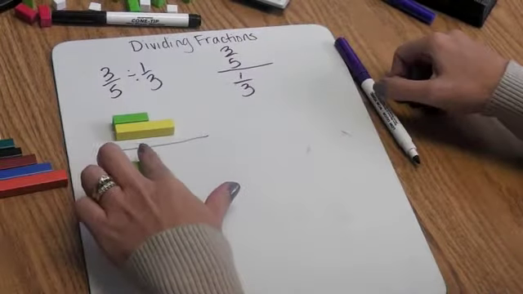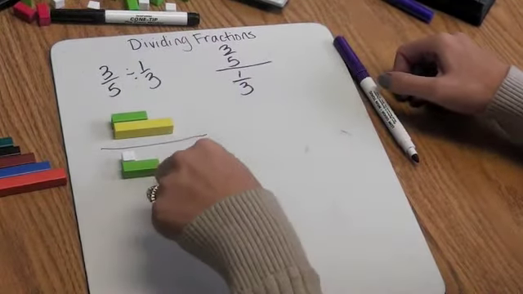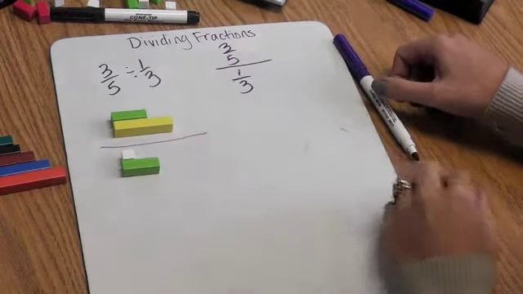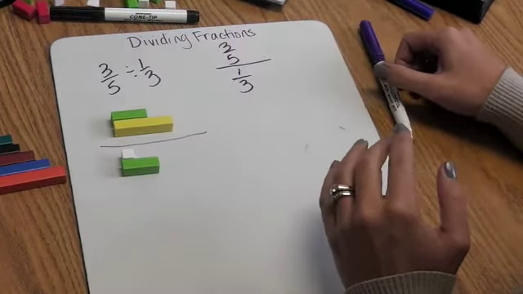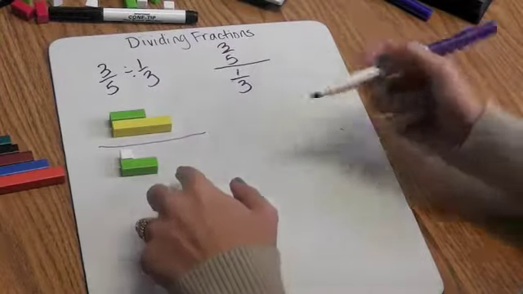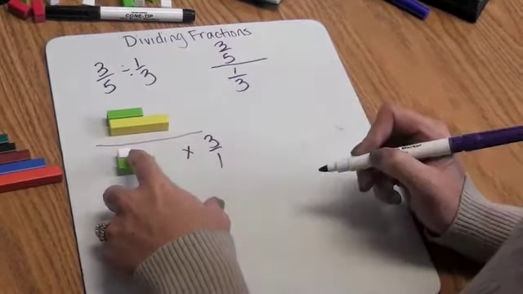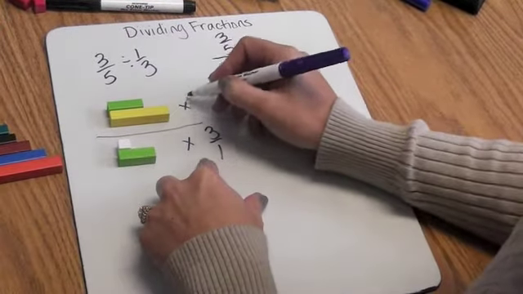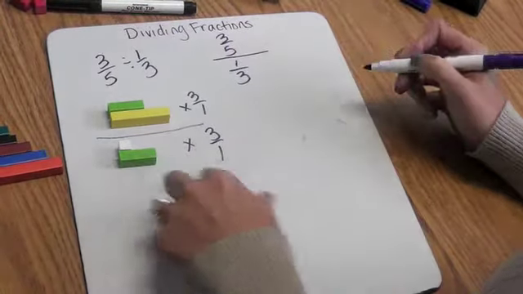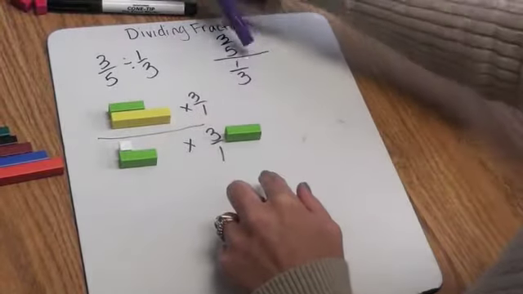Again, my first step is to change my current denominator of 1/3 into the whole number 1. To do that, I'm going to multiply by the reciprocal, so 3/1, and whatever I do to the bottom, I must do to the top. So I'm going to build these fractions.